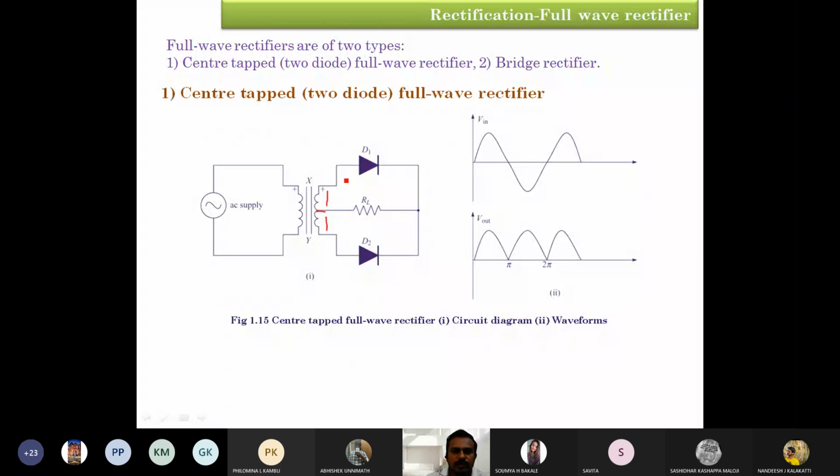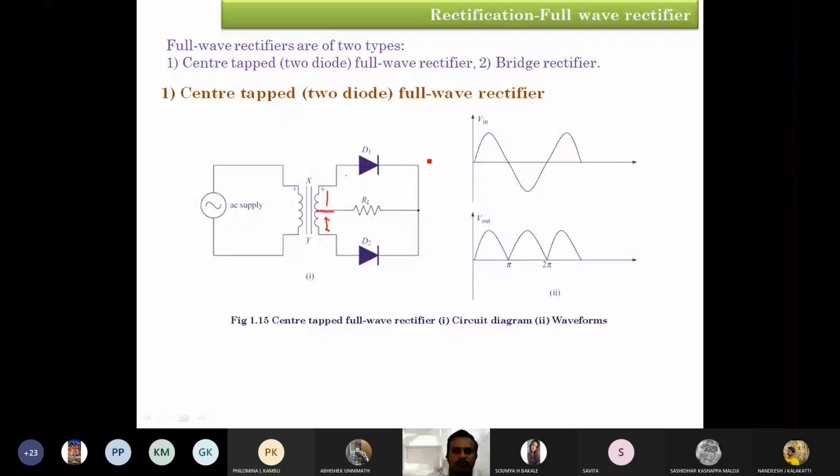In the first half, we use one diode and connect the load resistor RL to that diode in series, and the other terminal of the resistor is connected to the common terminal of the secondary. For the other half, the output wire is connected to another diode, and the other terminal of that diode is connected to the load resistor RL. This is the schematic diagram of the center tapped or two diode full wave rectifier.